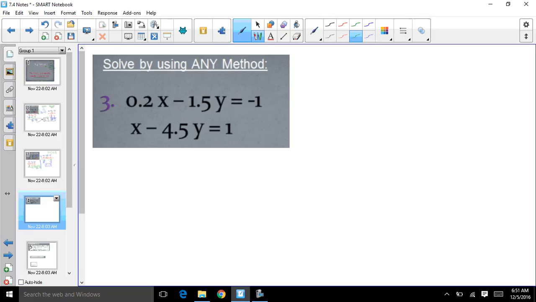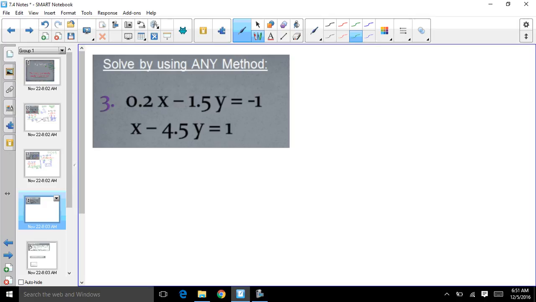I think what I could do is make this into a 1. That would be nice, right? I can multiply this term times 5 and make that a 1x. That would be good. Or I could turn this into a negative 4.5 by multiplying times 3. Either one of those would work.